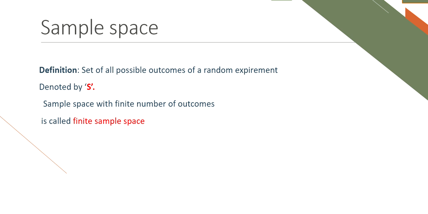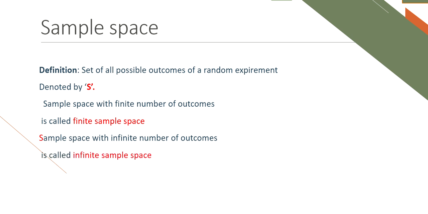Sample space is denoted by capital S. And we have 2 types of sample space here. A sample space with a finite number of outcomes we call a finite sample space, and a sample space with an infinite number of outcomes is called an infinite sample space.